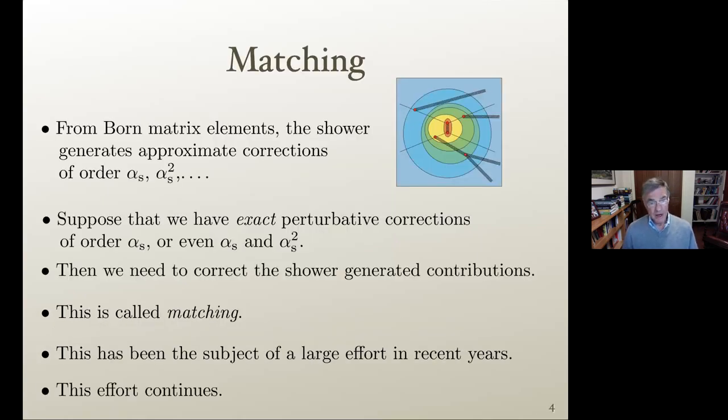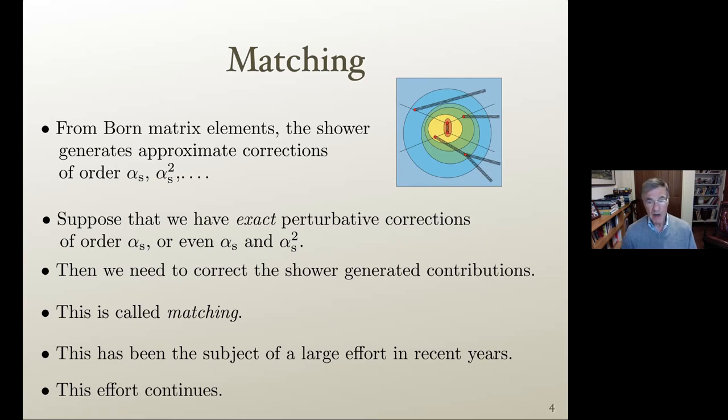So what issues are there? First of all, there is matching. If you have the Born matrix elements to start with, that very hardest thing, then the shower will generate approximate corrections of order alpha strong squared, etc. But those are approximate.